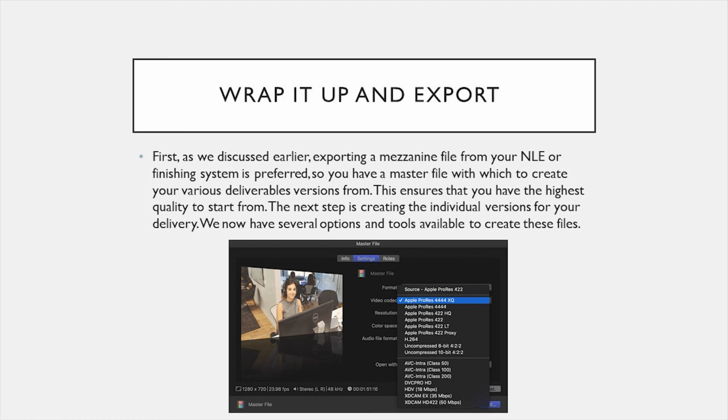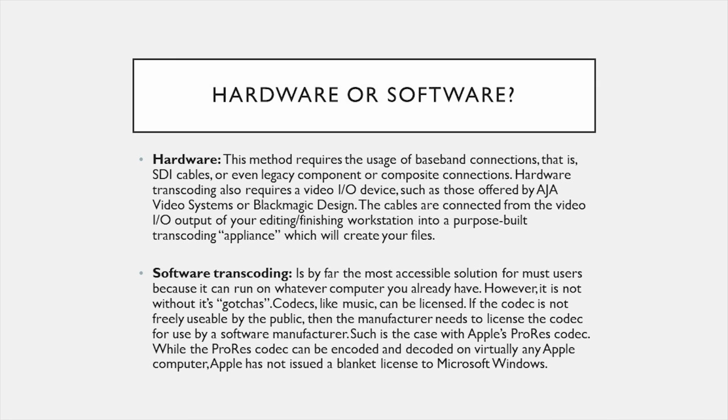We now have several options and tools available to create these files. Hardware or software? Hardware. This method requires the usage of baseband connections, that is SDI cables, or even legacy component or composite connection hardware.